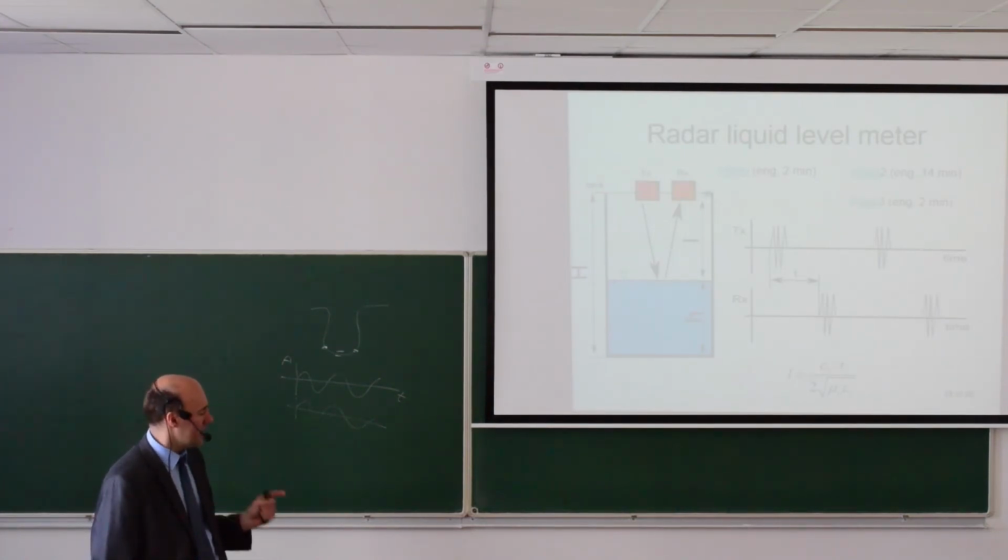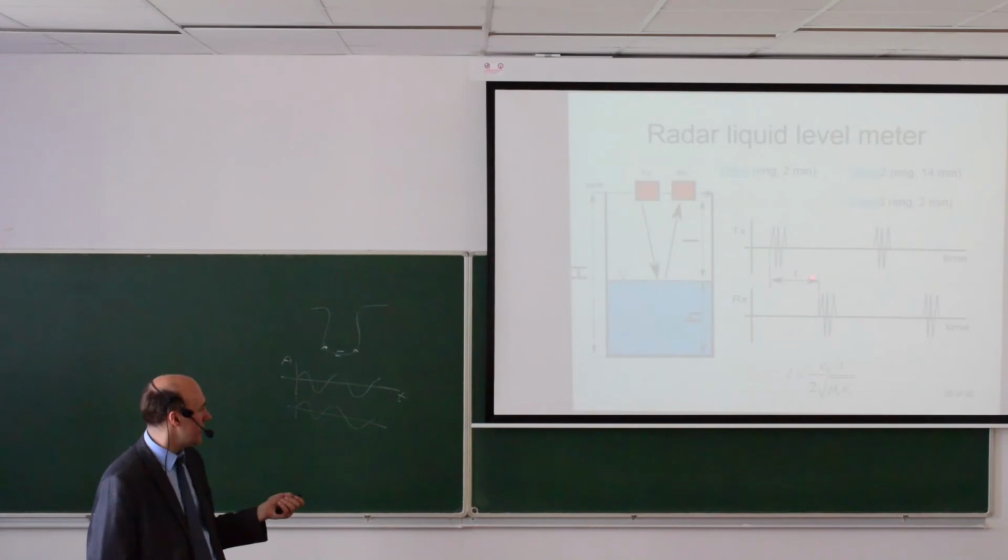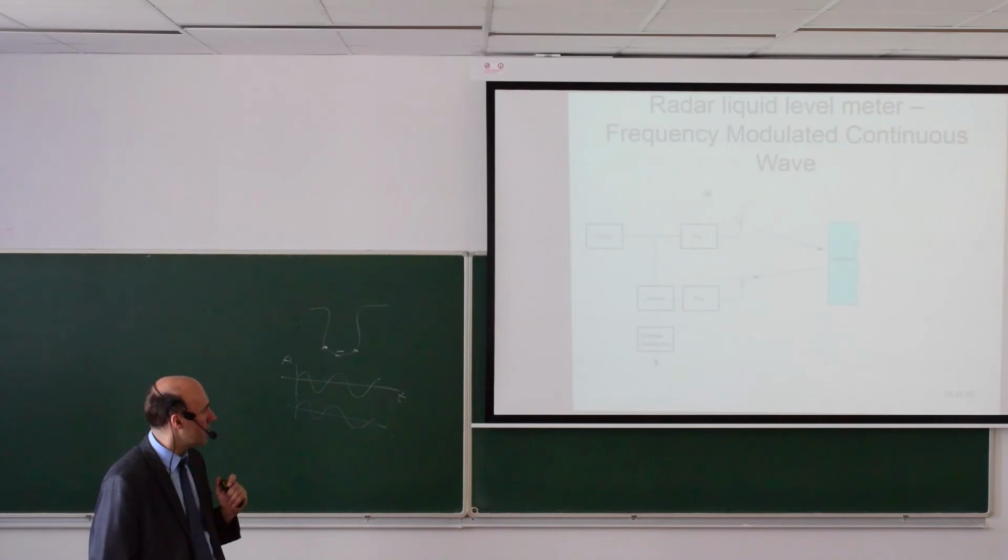So if you want to measure a short distance, then your time accuracy needs to be very high, in order of some femtoseconds, for example. So this time of flight method is suitable for larger distances, and the more common method that is used for smaller distances is called frequency modulated continuous wave.